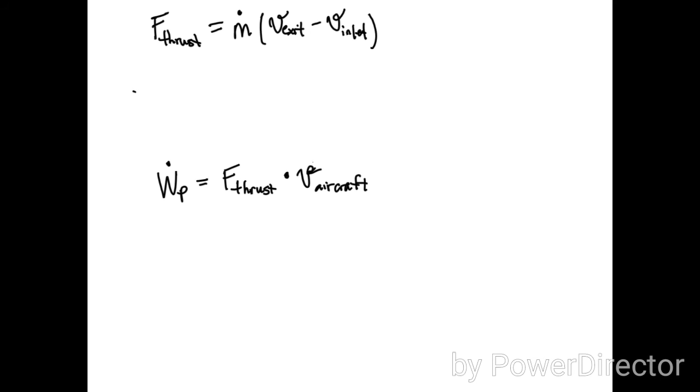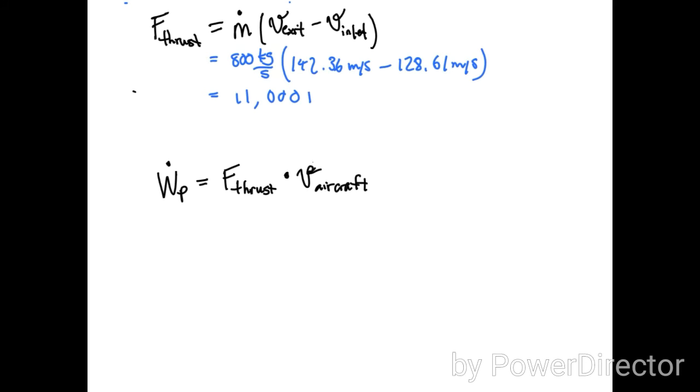So if we substitute those values into the equation, we have 800 kilograms per second, times 142.36 meters per second, subtract 128.61 meters per second. Calculate that through, and we end up with 11,000 newtons, or 11.0 kilonewtons.